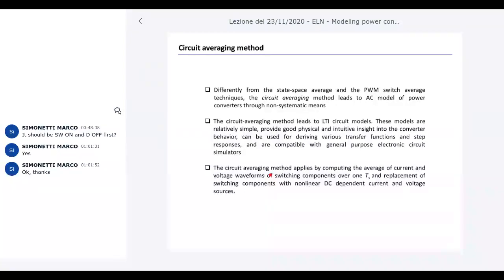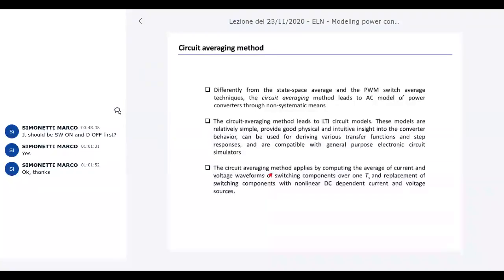So this method works just on the switches. Working on the switches, what is done here is to replace my switch with the average electrical quantities that they represent.